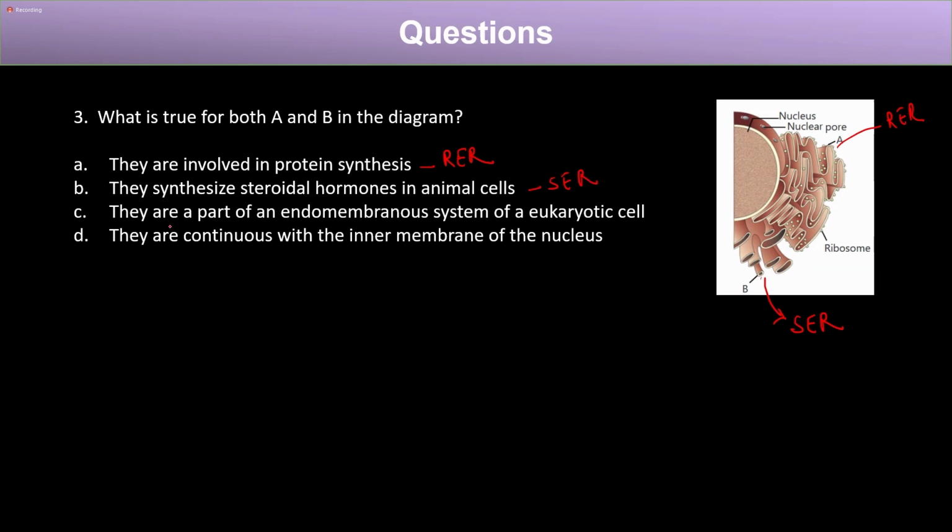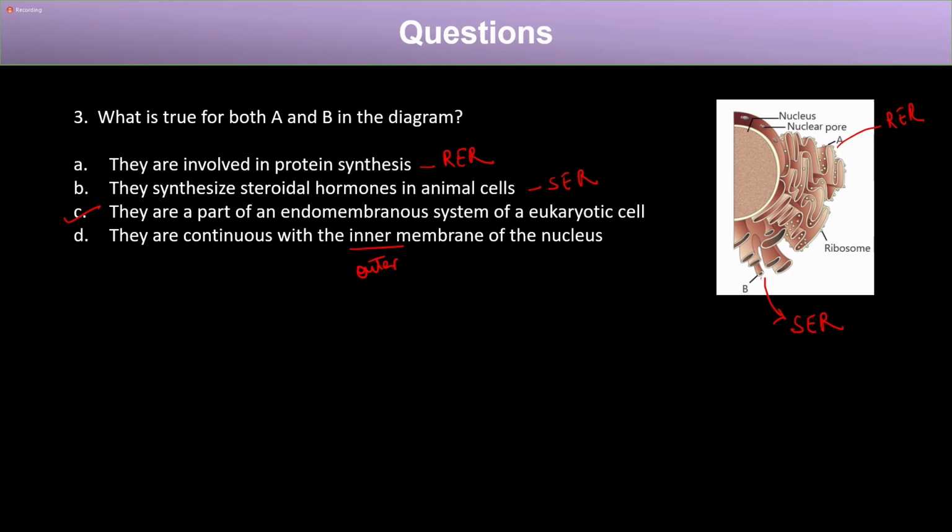The third option is they are a part of the endomembrane system of a eukaryotic cell. And this is the correct answer because both RER and SER are a type of endoplasmic reticulum, which is part of the endomembrane system. And the fourth option is they are continuous with the inner membrane of the nucleus. No, the ER is continuous with the outer membrane of the nucleus, right? So the correct answer will be C.